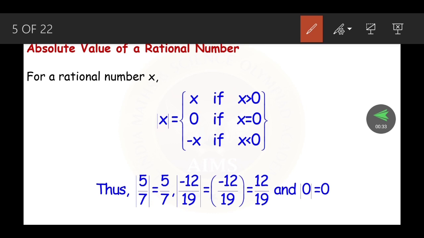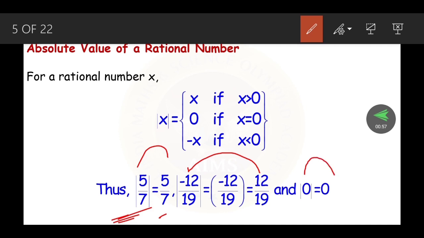So here the absolute value of 5 by 7 will be equal to 5 by 7. Absolute value of minus 12 by 9 is equal to 12 by 9. Absolute value of 0 is equal to 0.